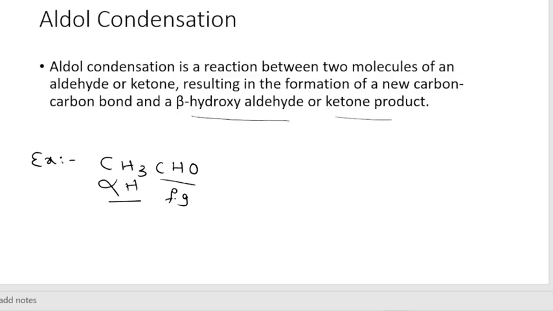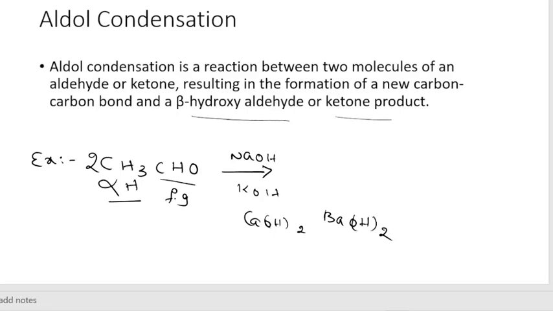For example, if we consider 2 moles of this acetaldehyde molecule in the presence of a base like NaOH or KOH or calcium hydroxide or barium hydroxide, all these strong bases definitely make the carbonyl compounds undergo this aldol condensation.